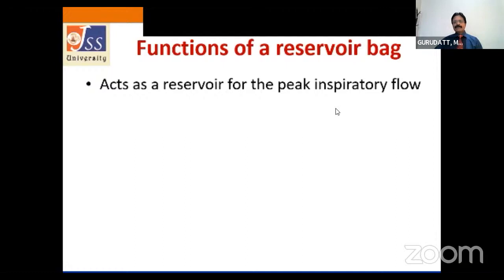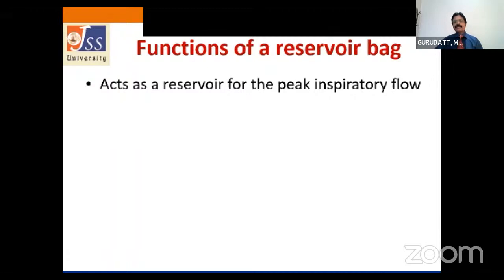Why it is important: I'll give you an example wherein the patient has a tidal volume of about 500 ml and is breathing at a rate of about 20 breaths per minute with an IE ratio of 1:2. That means each cycle is about 3 seconds, inspiration is for 1 second and expiration is for 2 seconds. If the inspiration is for 1 second, that 500 ml of gas should be delivered to the patient in that 1 second.